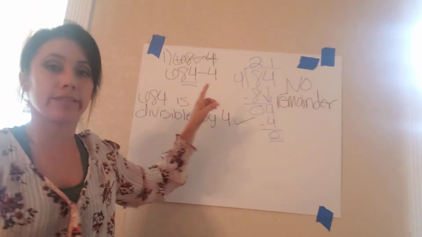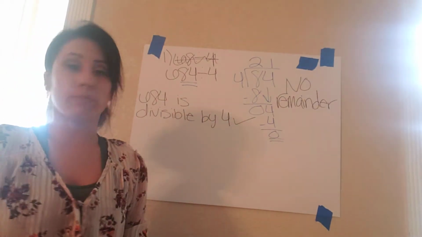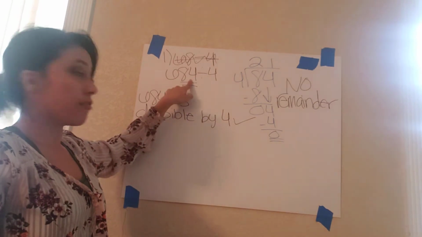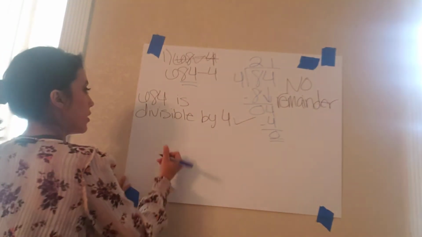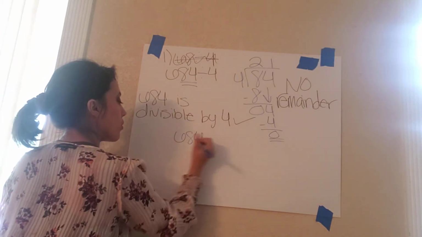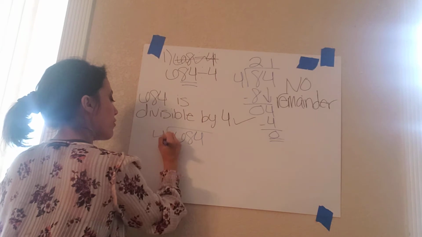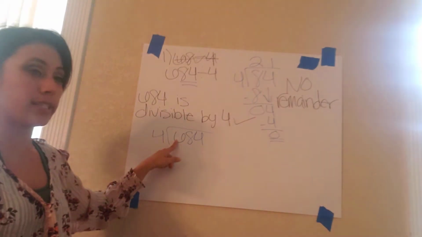And lastly, what we're going to do next is solve the division problem of 684 divided by 4. So we need to figure out how many times 4 goes into 6.